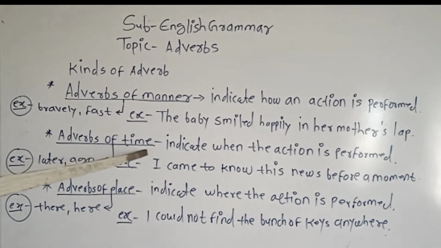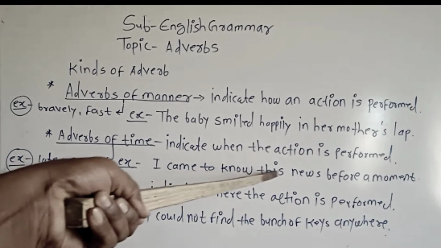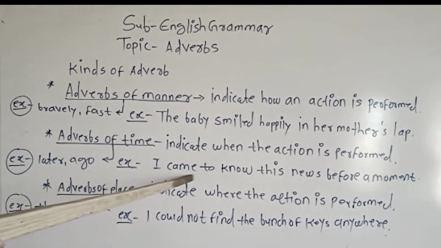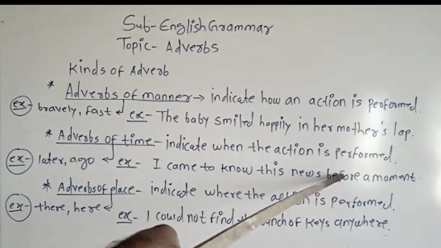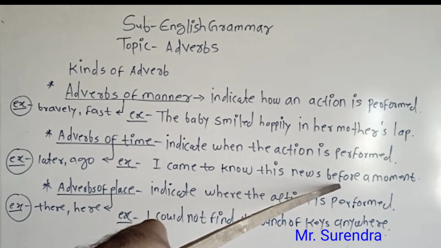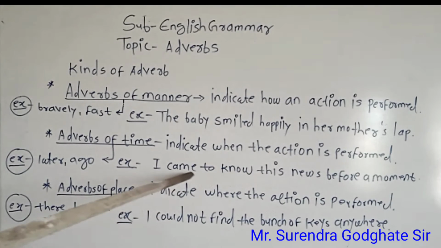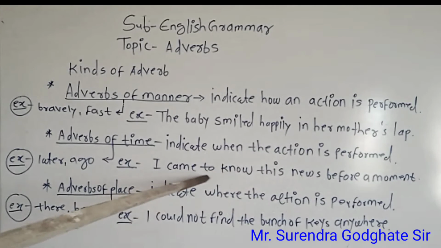So let us look at an example: I came to know this news before a moment. Students, you can see that I came to know this news before a moment. Here is the word before. It shows the time, isn't it? And it modifies know. It means came to know is the verb, and before modifies the verb came to know.